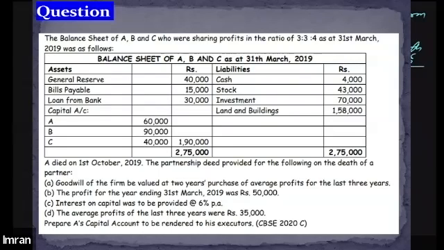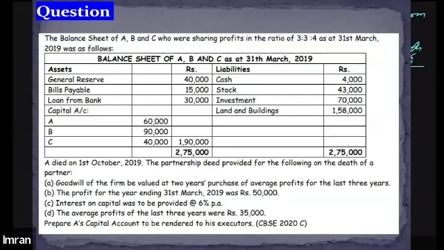It says that A died on 1st of October 2019, and the partnership deed provides the following on the death of a partner. Goodwill of the firm is to be valued.